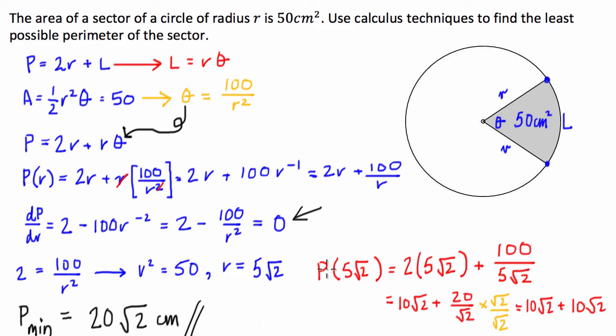Once I'd done that, I substituted this radius that I found out, this one here, back into the original perimeter formula, and then I was able to come out with the final minimized perimeter of 20 square root 2 centimeters right there.